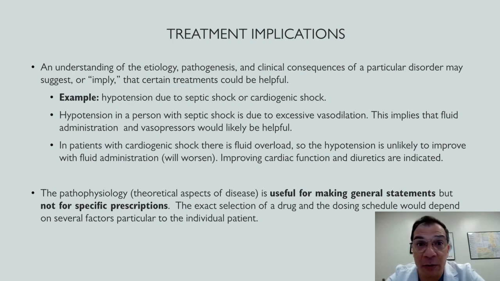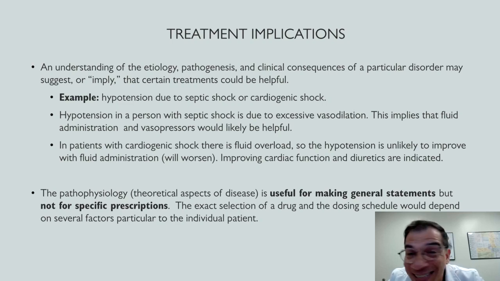Let's say you have a patient with hypotension. Hypotension may have many different causes, maybe due to septic shock or cardiogenic shock. And the treatment of these types of shock is different. In the case of septic shock, of course, we have to give antibiotics, but we have to give vasopressors to produce vasoconstriction and give fluids to this patient.